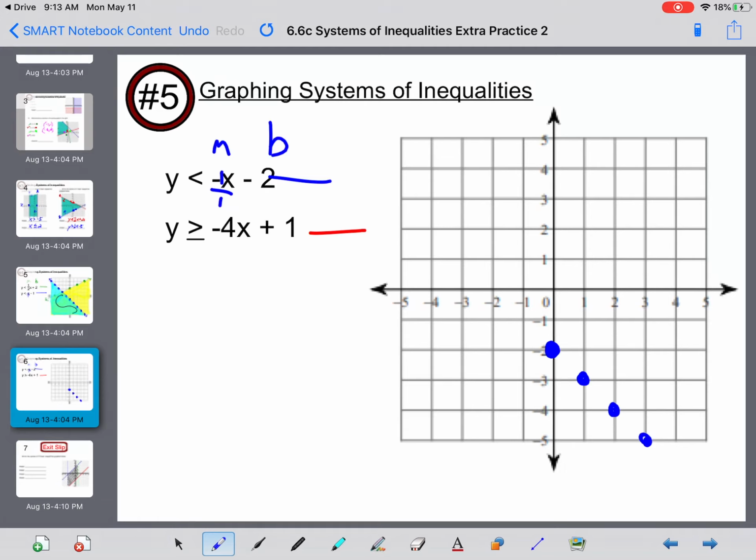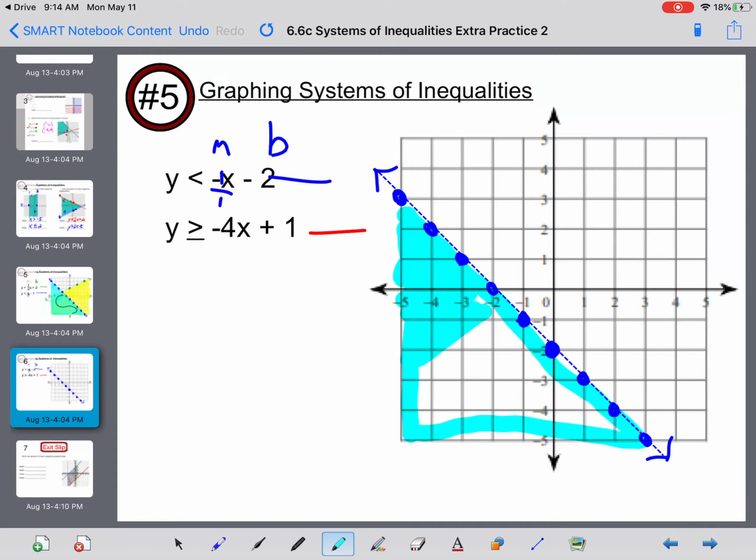And your slope is negative 1 over 1. Down 1, right 1. Less than symbol means a dashed line. And less than also means we will shade below.